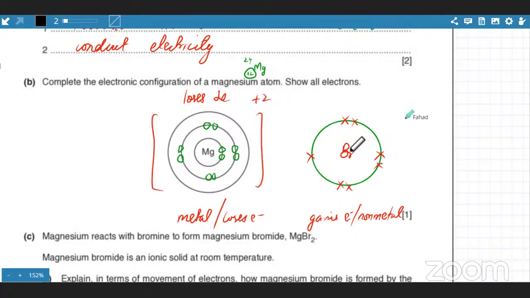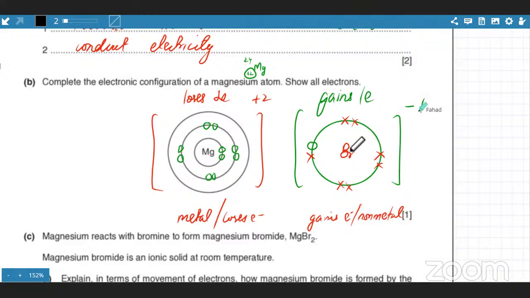But bromine, on the other hand, has only room for 1 electron. So that 1 electron is gained by this bromine, and it gets a negative 1 charge because it's only gaining exactly 1 electron.